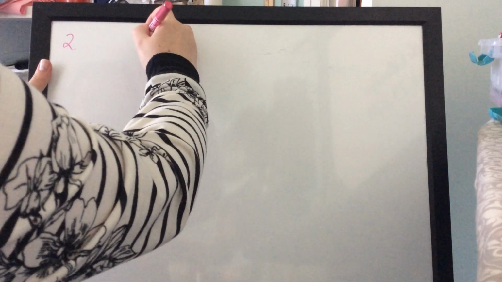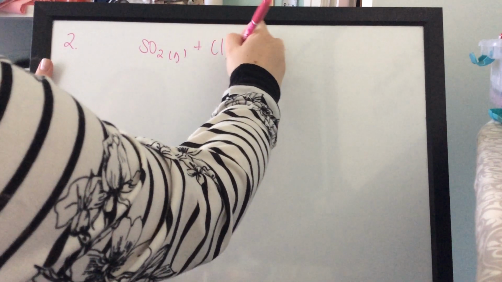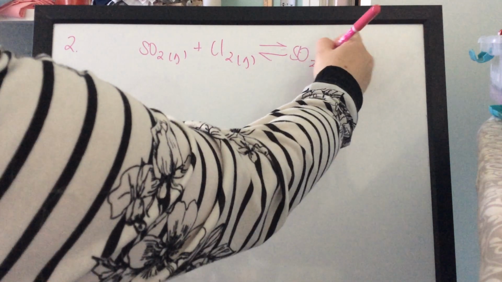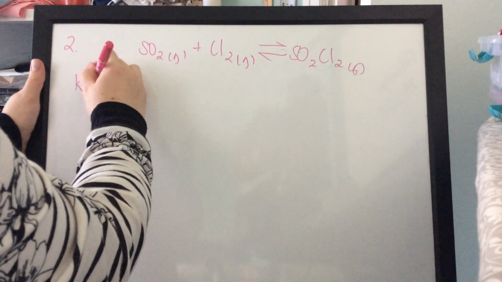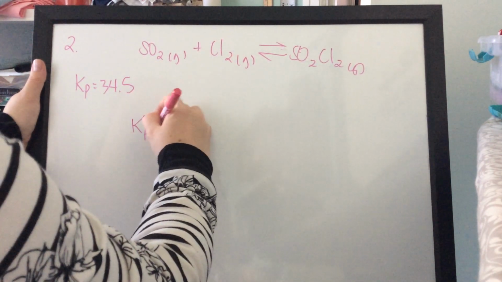Now my second problem says, let me erase this. Problem 2, they give me a new reaction. So SO2 gas, Cl2 gas. This time they give me Kp, and they ask me for Kc. So here's my equation.